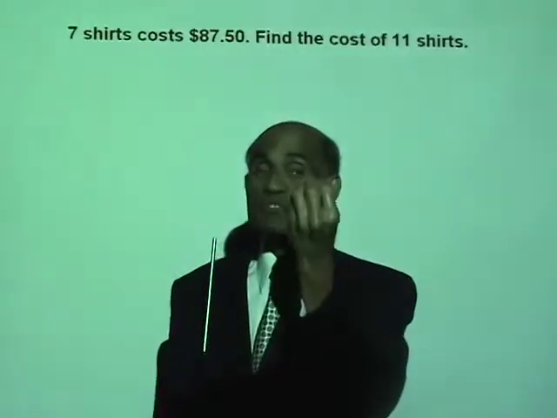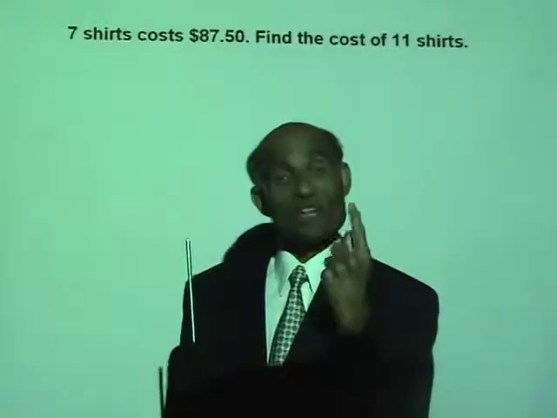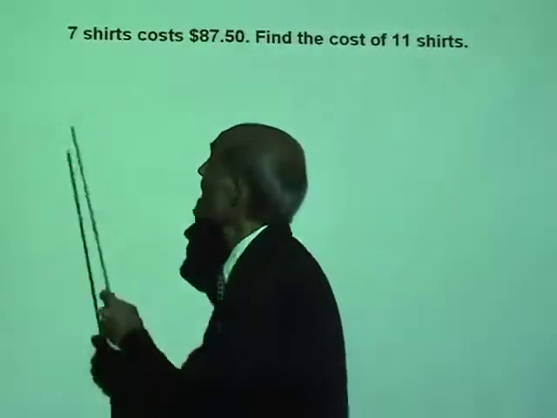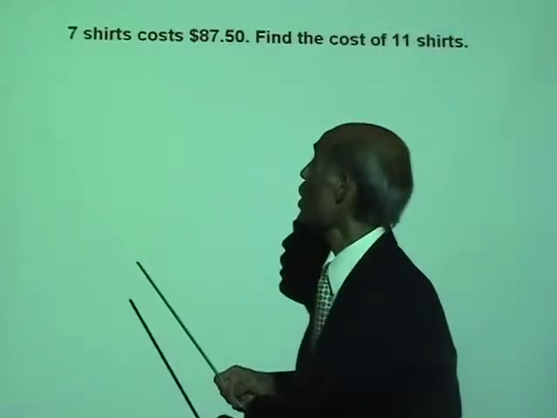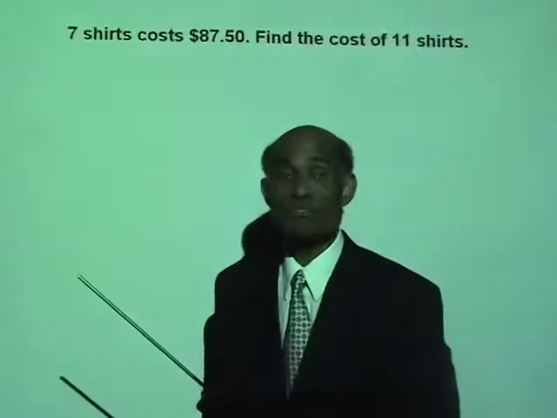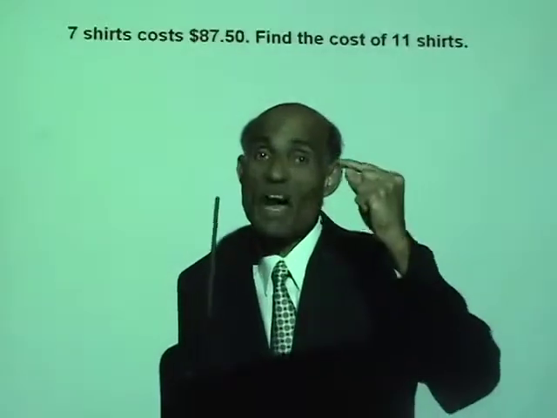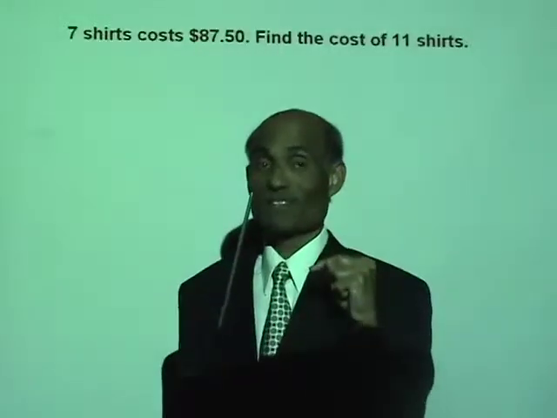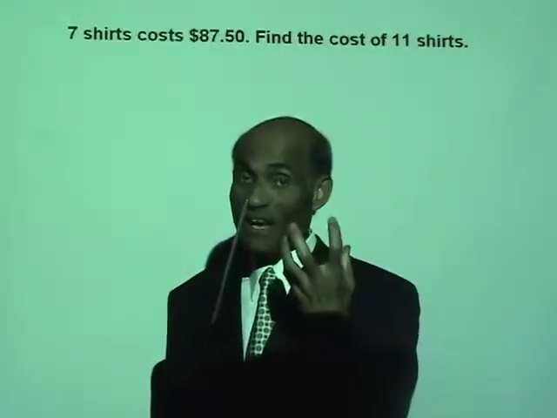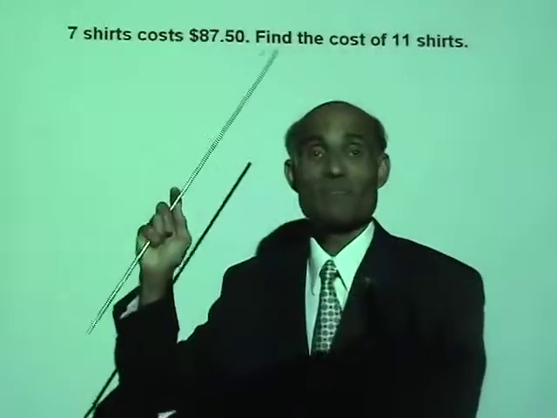How many cents was for 1 ounce? In the same way, we can take a ratio here. 7 shirts cost $87.50. And therefore, can you find how many dollars will cost 1 shirt? You see, once you find that, you can then find the cost of 11 shirts.